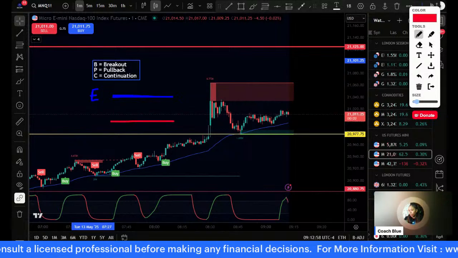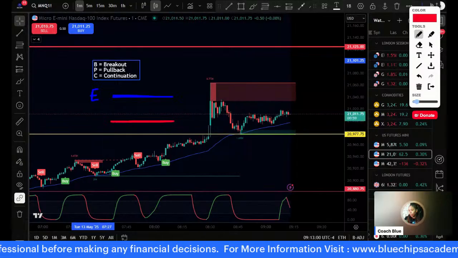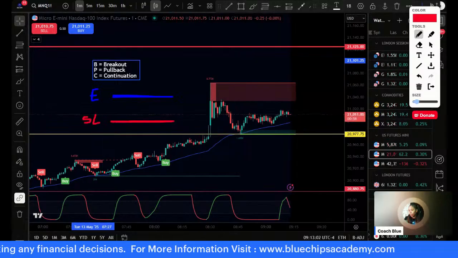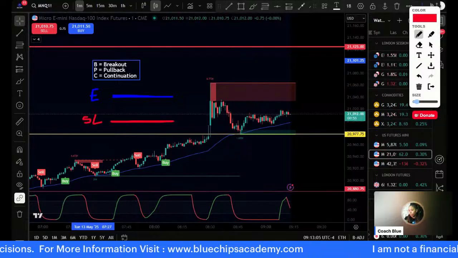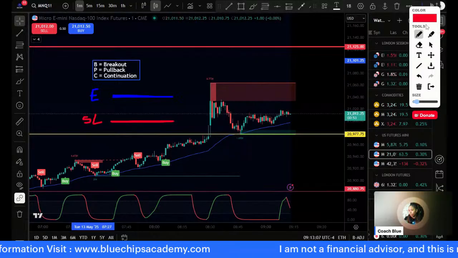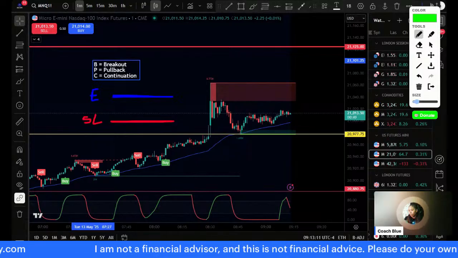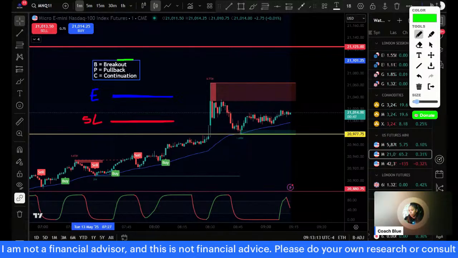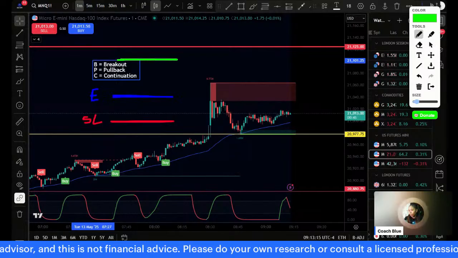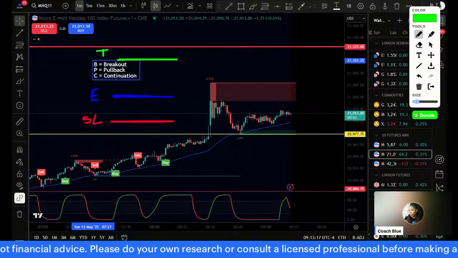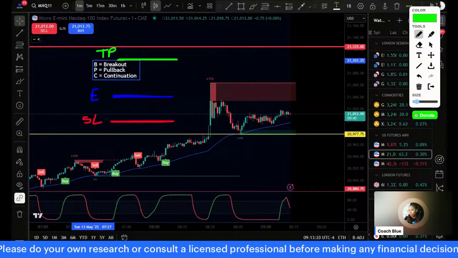Okay. We'll use this as our stop loss example. So you'll see me, I might put like SL or something like that for stop loss. And then we'll use green for our take profit, meaning we believe price will reach a certain level so we can take profit out of the market. Okay. Take profit.